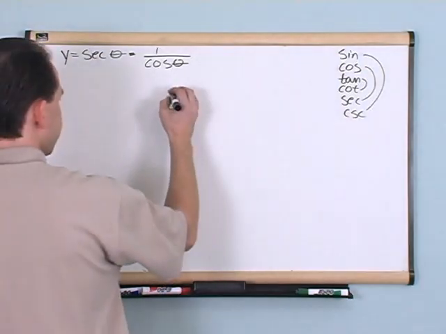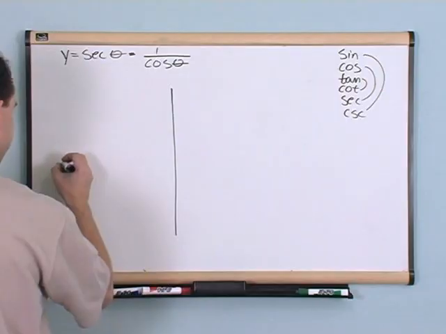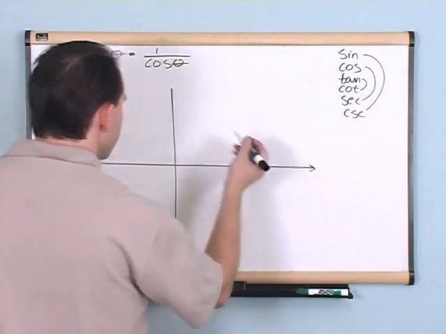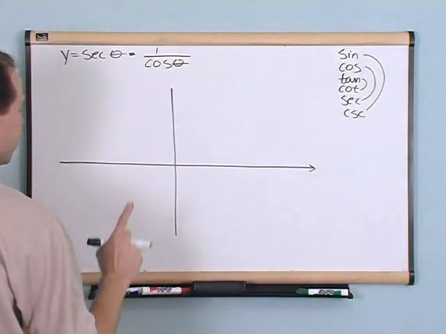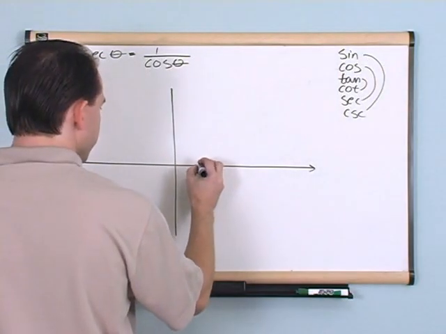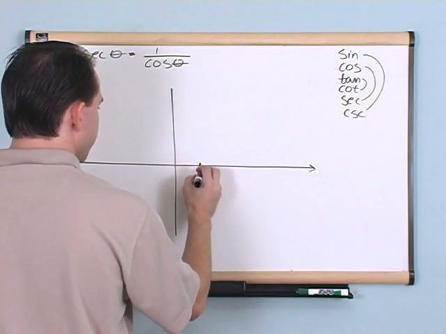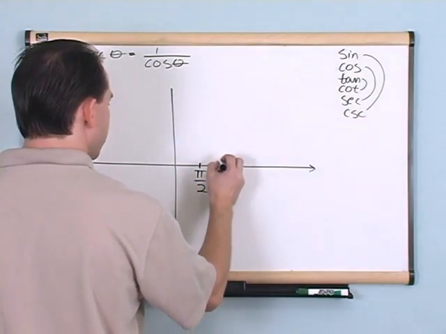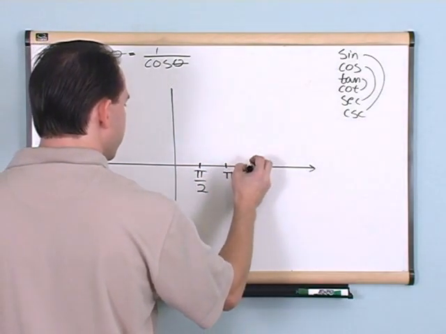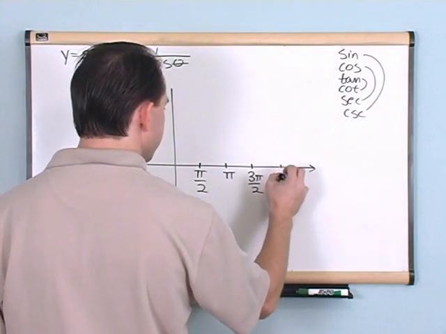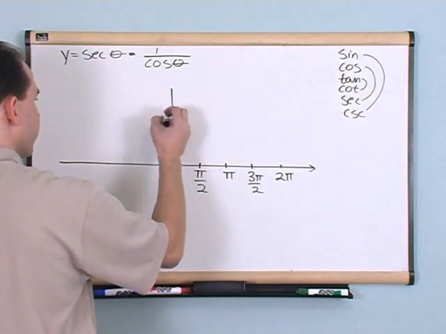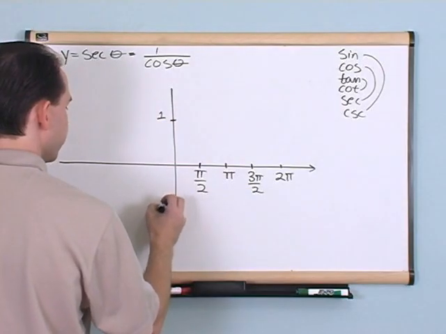So let me show you how to plot that. I'll show you what I think is really the easiest way to plot these things. First thing you do is you plot what you know as a reference only, the cosine function. Well, we already did that. Here's pi over 2. Here's pi. Here's 3 pi over 2. And here's 2 pi. And of course, here's 1, and here's -1.